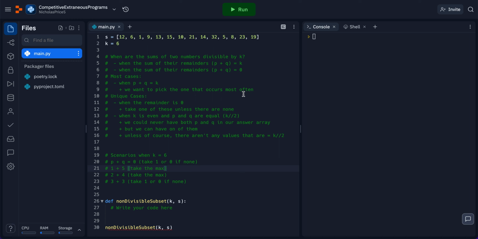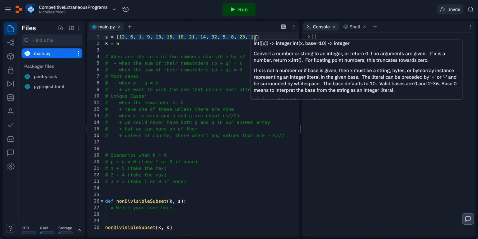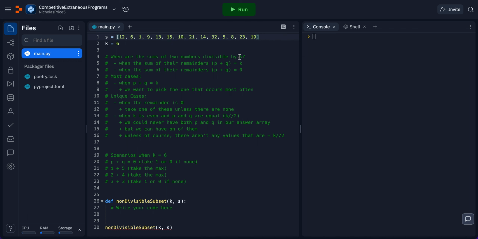And similar to the 0 scenario, we can have one of those, but we can never have more than one of those. Of course, there's scenarios where we will have none of those, where the array has no numbers that have remainder 3. But we can pluck one of them if there is one or more than one.